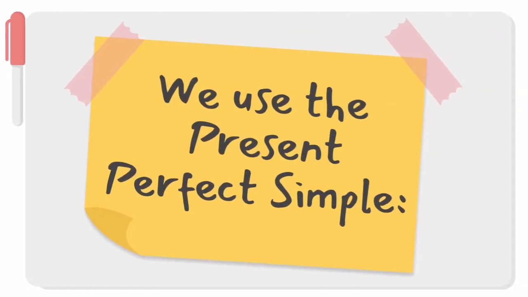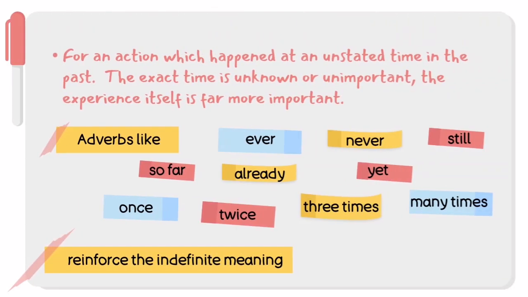We use the present perfect simple for an action which happened at an unstated time in the past. The exact time is unknown or unimportant. The experience itself is far more important.